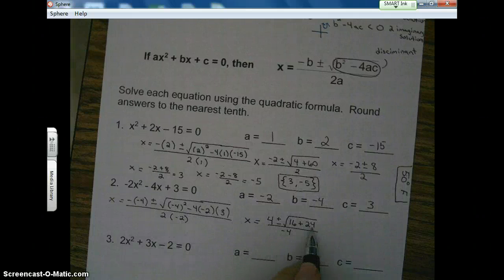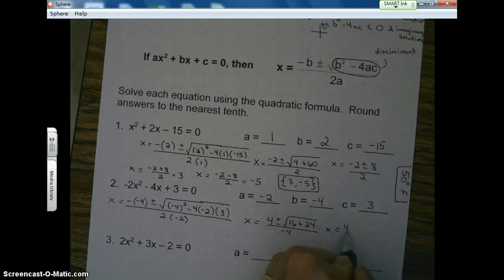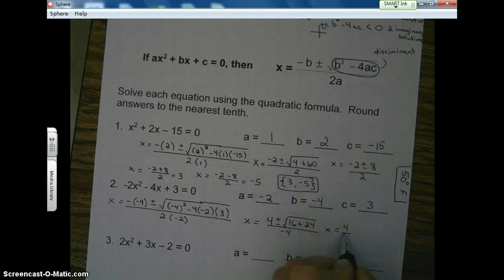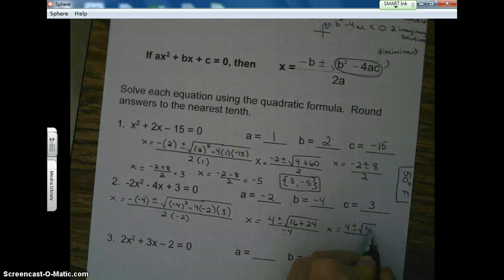So our discriminant here is 24 plus 16, 40. So 4 plus or minus the square root of 40 over negative 4.